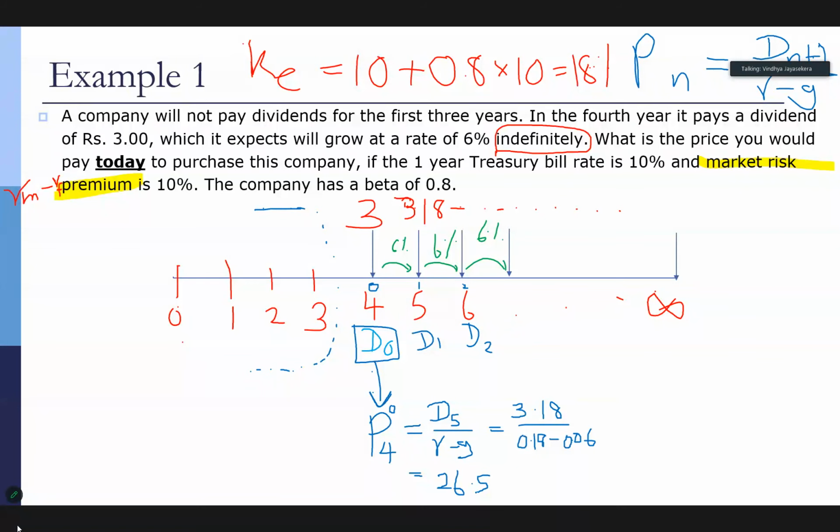Is it correct to say the value of my company today, as in today being year 4, is equal to 26 rupees and 50 cents? Is it correct? Am I missing anything or not?